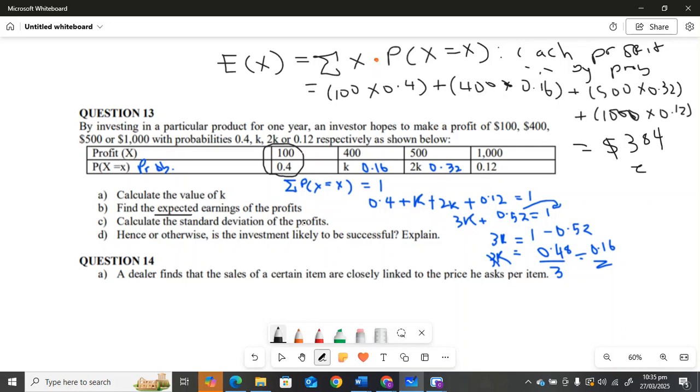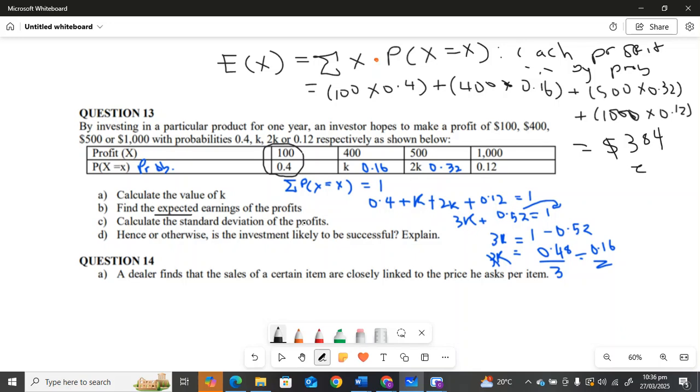So, colleagues, remember standard deviation. Basically, what we're talking about is how spread out our data points are. But in this context, it means we're measuring risk, the risk in terms of how spread out your profits are going to be. If the profits are spread out, this investment is risky.